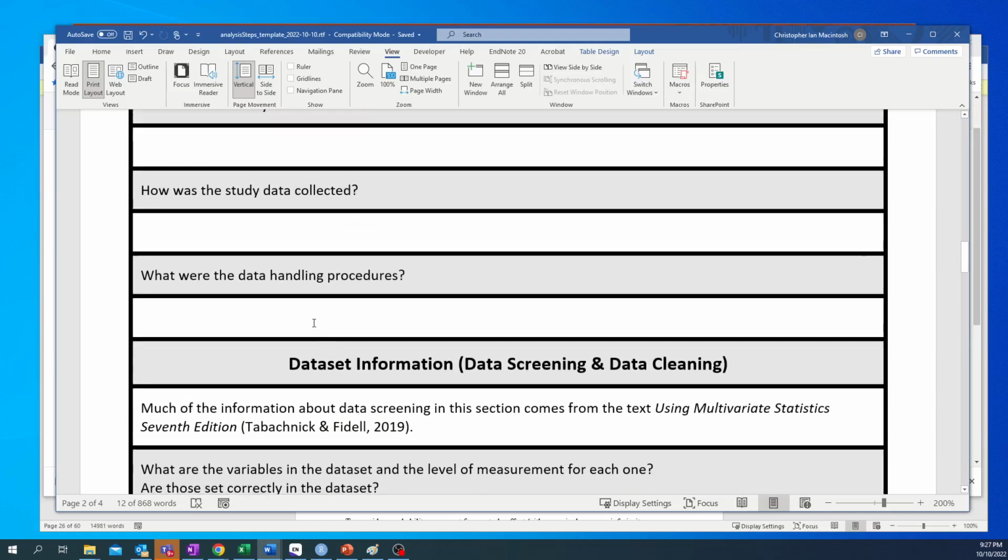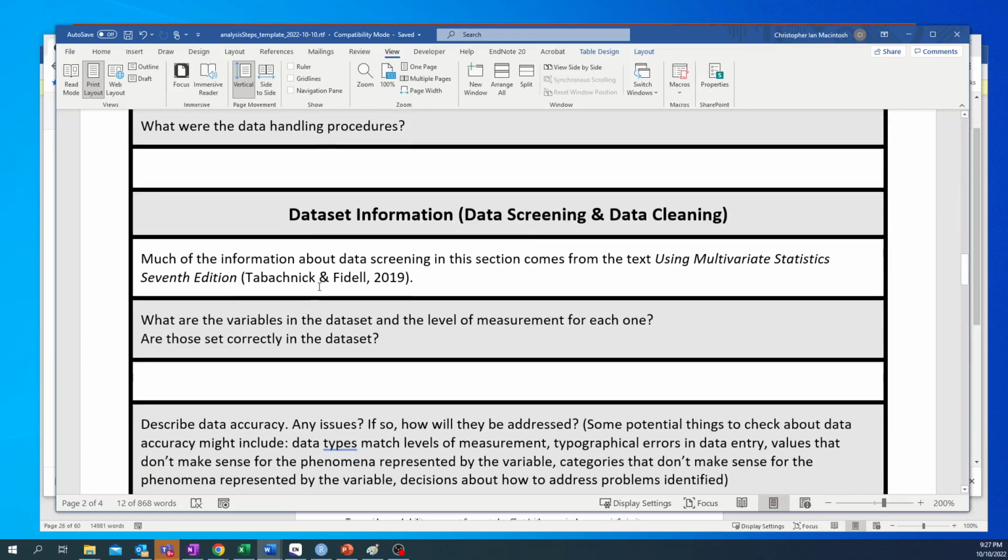Was care taken in how the data were entered into a data set? Was care taken in how they collected it and kept it safe and secure as they were getting it there? It's good to read data handling procedures from the study.